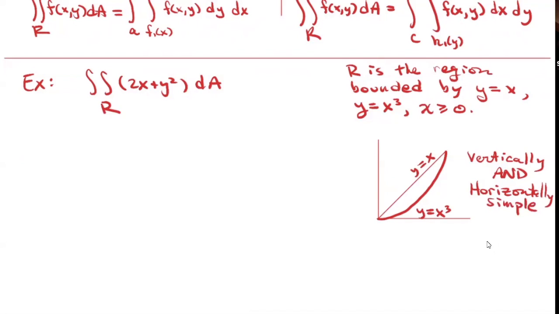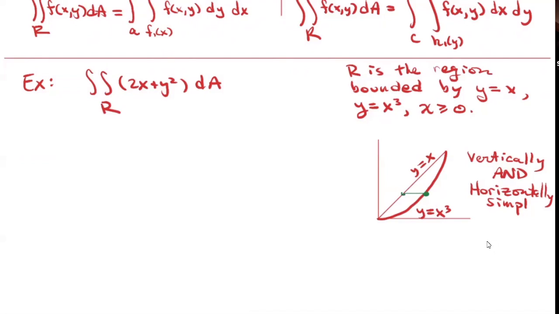You can look at it. You can think of it as limits that go from a bottom curve to a top curve. Vertical line touches the bottom, touches the top, and as you move the vertical line from left to right, it never changes curves. Okay. You can think of it as horizontally simple this way.